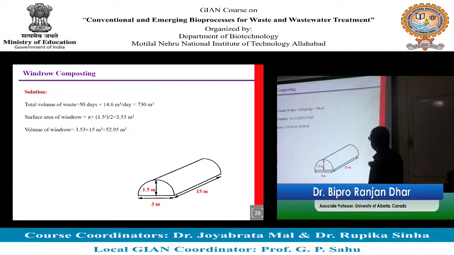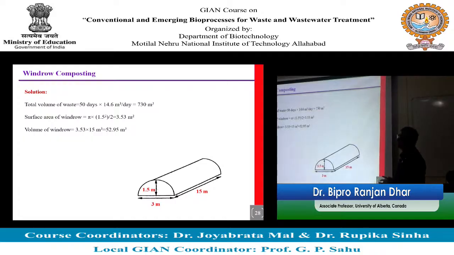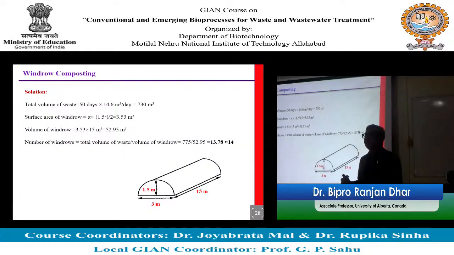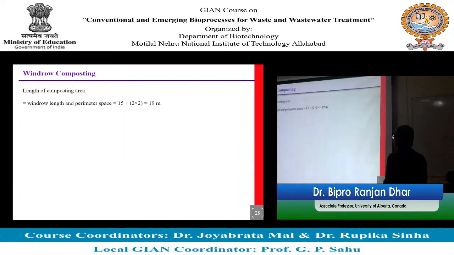So the volume of each windrow is about 53 meters cube, and our total volume of waste is 730 meter cube. So we need about 13.78, or I can round up to 14. So we are going to need 14 windrows.